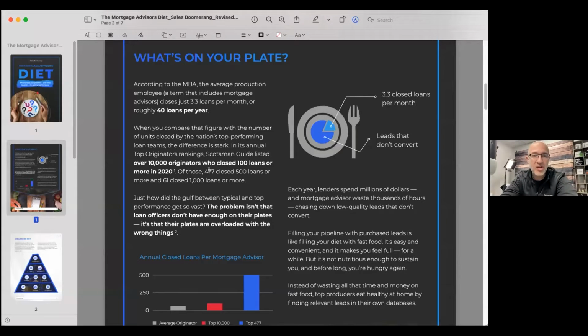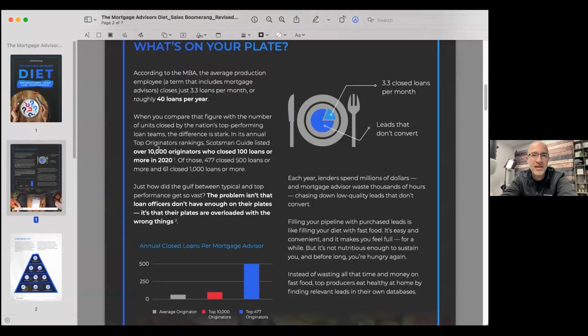But what's interesting about those 10,000 originators that closed 100 or more is that 477 of them closed 500 loans or more, and 61 of them closed 1,000 loans or more in 1 year, last year in 2020.